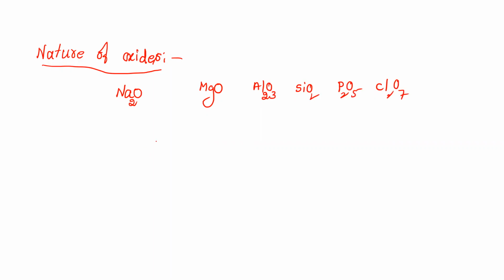In that, which is more acidic, which is more basic? This type of question is very familiar, students. Na2O is more basic since the central atom is more metallic. Metallic oxides are basic in nature, since on hydrolysis they produce respective bases.